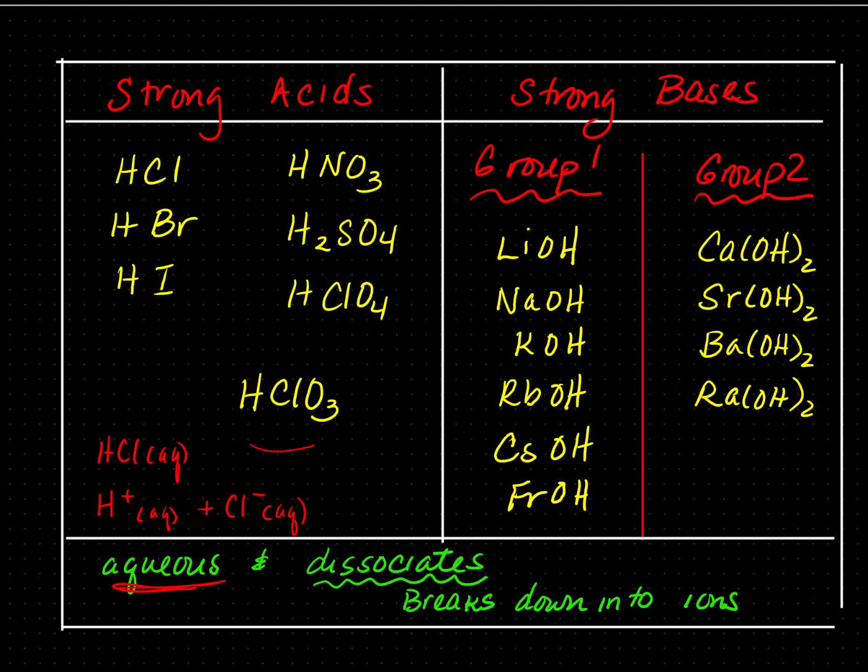If I have radium hydroxide, it will be AQ. So it will break into ions. The two ions that make up radium hydroxide are Ra2+, AQ, and OH minus, AQ.